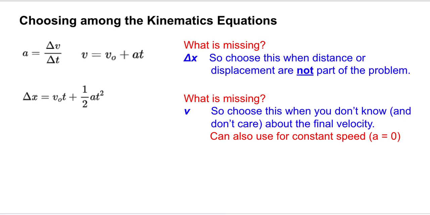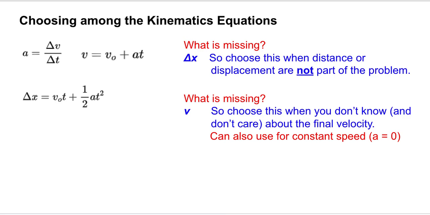A second equation that we used quite a bit was this one, delta x equals v sub 0 t plus 1/2 at squared. Notice here what's missing is the final velocity, and so this was very useful for those sorts of situations. We can also use this to set up a general statement of where the object is as a function of time.